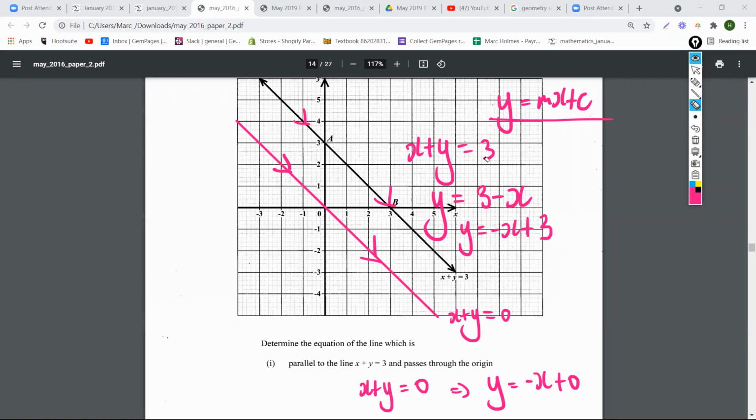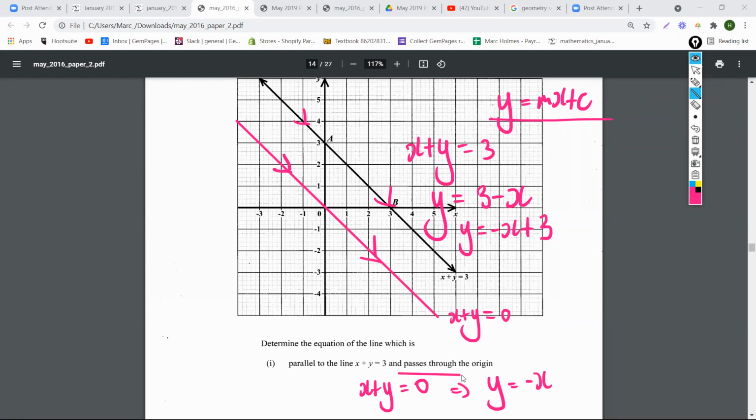Well, it definitely passes through the origin, so the origin is 0. You can say y is equal to negative x though, you don't have to put the 0. No, I didn't get it when it said origin, so I was wondering why you picked 0 to be the y-intercept.